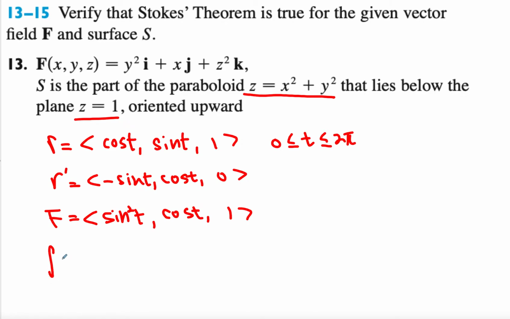We want the line integral of F dot dr, so I'm going to dot F with r prime dt. When I combine these, I end up getting negative sine cubed t plus cosine squared t dt, from 0 through 2 pi.